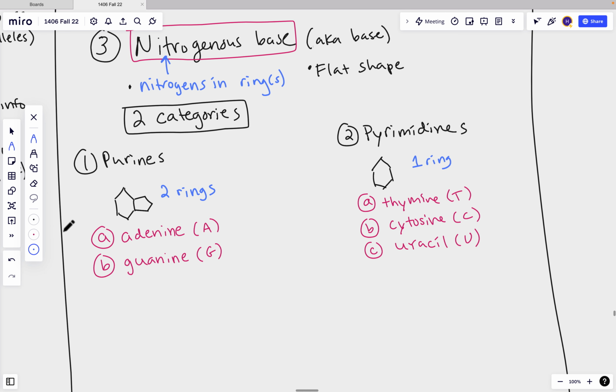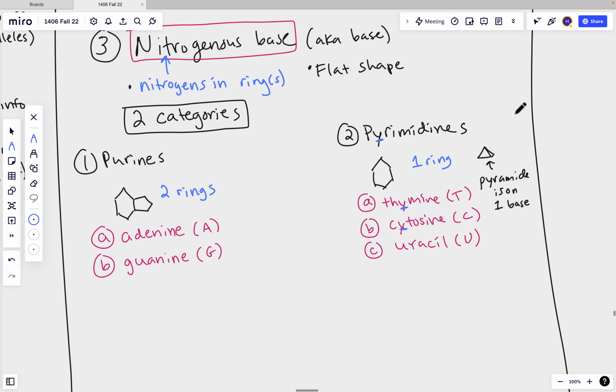So one way you can remember which ones are pyrimidines, at least for thymine and cytosine, they have the Y for pyrimidine in them. I remember pyrimidine because it's like pyramid. So if you remember from geometry, or you can think of the ancient Egyptian pyramids, a pyramid is on one base, or a single base, which is like a single ring.